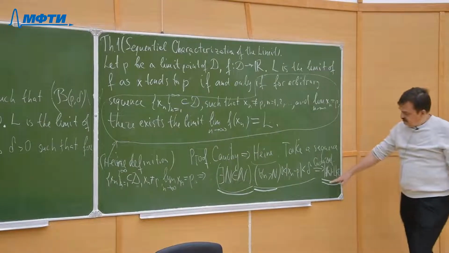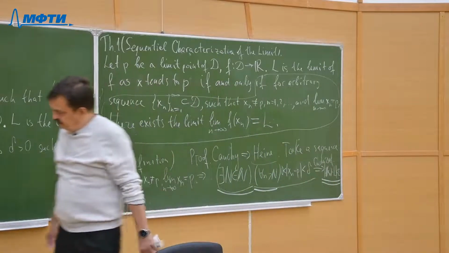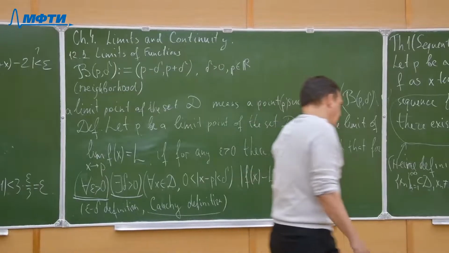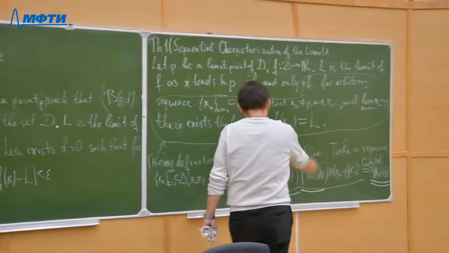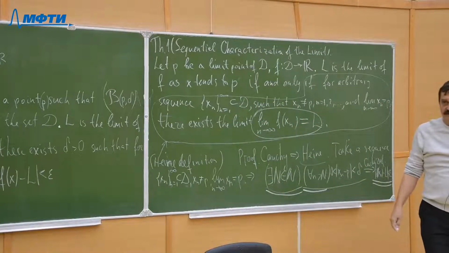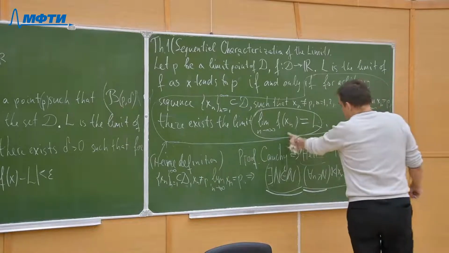Look at the parts which are underlined twice. Altogether, they are equivalent to this limit. Limit of f of xn equals to L.